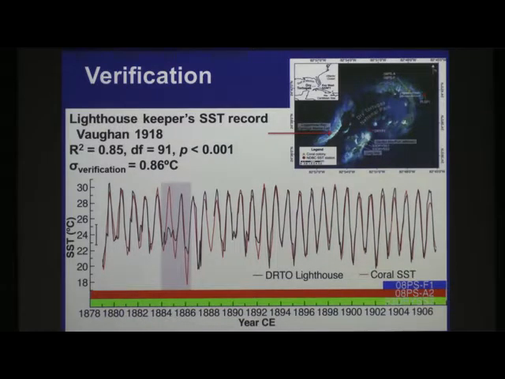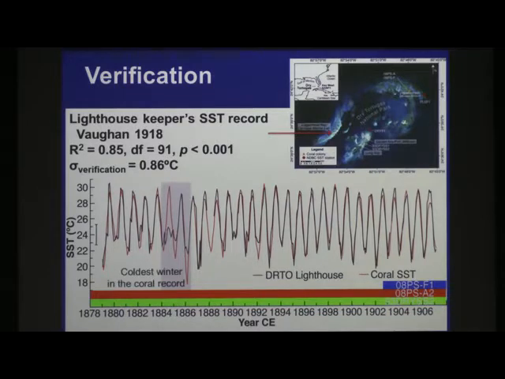Okay. Now there are a couple little discrepancies here. Here we have 1 year of the lighthouse keeper's data where it looks like something happened. They did not record the summer. Fortunately we have other lighthouse data from along the Keys. The other lighthouses do not report a summer missing. So something happened here with the recording. I don't think this temperature record is correct here.